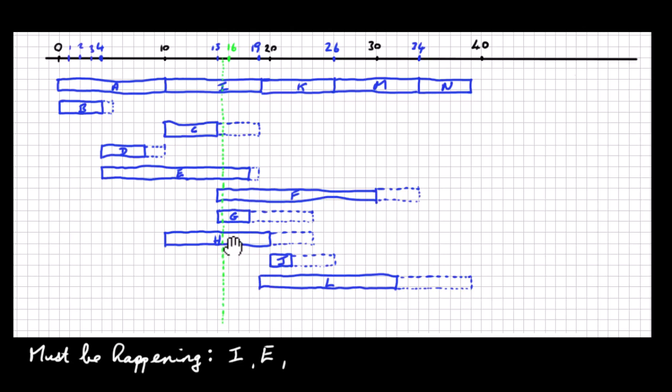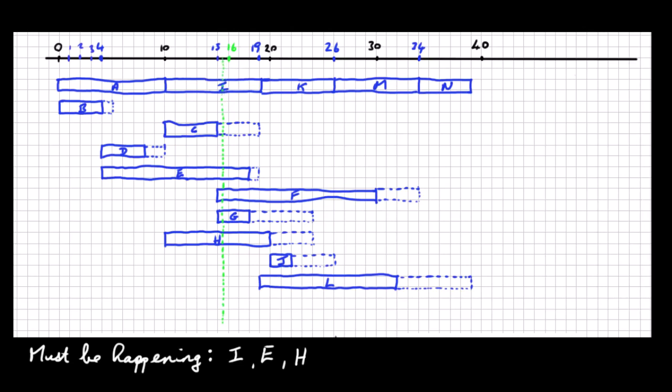But H here, even if we push H out 1, 2, 3, 4 days, this solid rectangle here is still going to be intersecting this dotted green line, so H must be happening as well. So I, E and H must be happening halfway through day 16 or midday day 16.